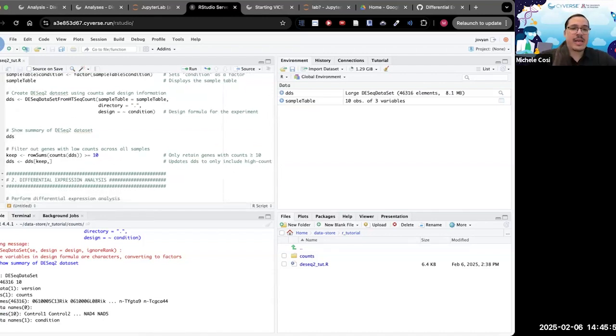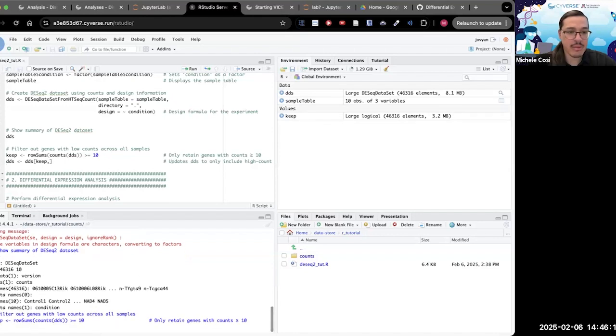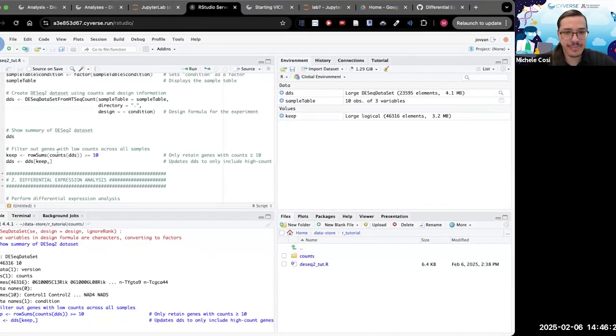At this point, we decide to filter out the genes with low counts. We want to remove everything that has fewer than 10 counts, essentially. So I'm going to go ahead and run this, and I'm going to add this to our data frame.